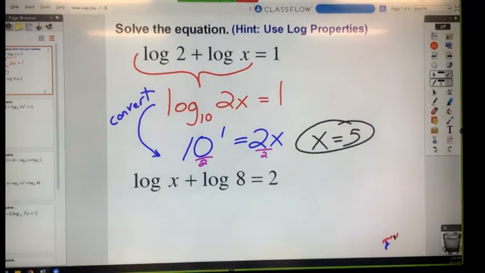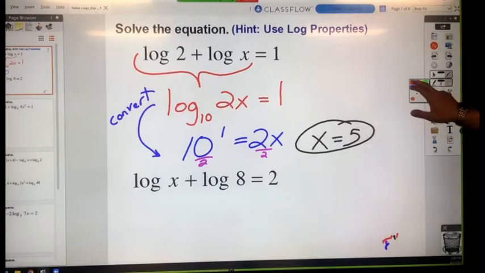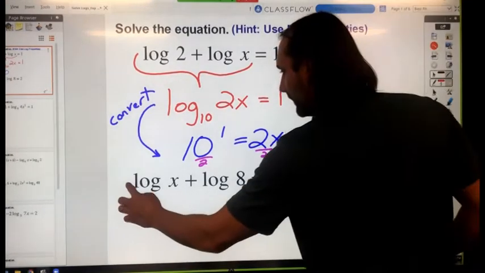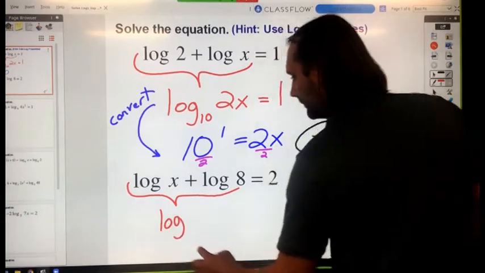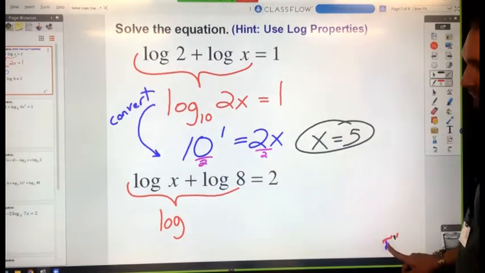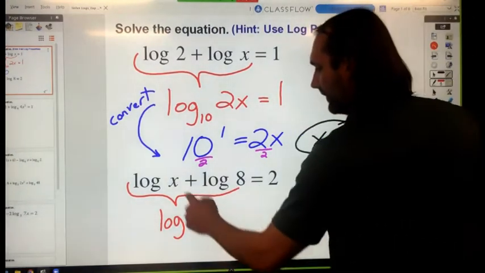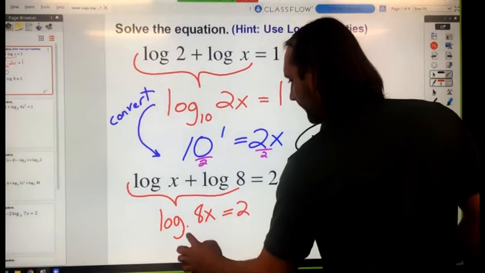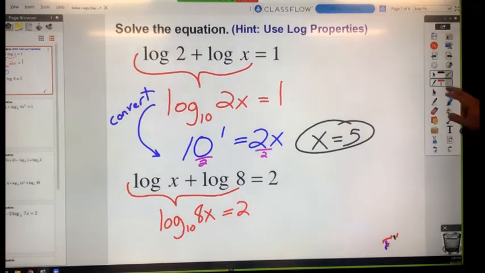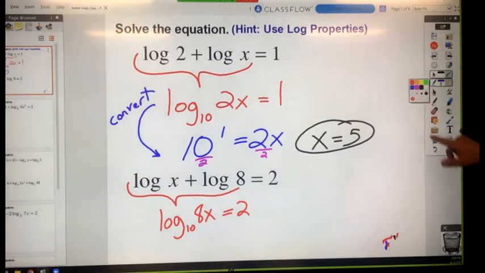So for the next question, follow the same path, the same steps. What would you do first? Make it into 1. Make it into 1, which looks like log of what? 8x. Very good. 8 times x equals 2. Now what would be my next step? Convert it.